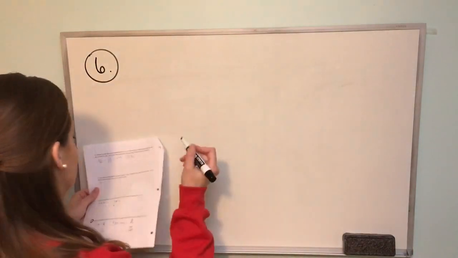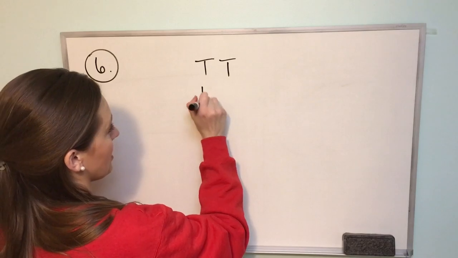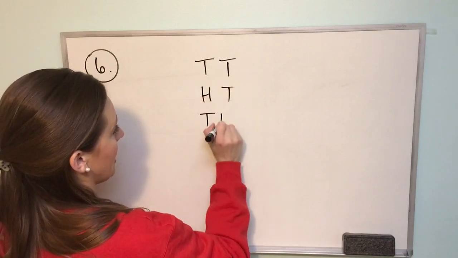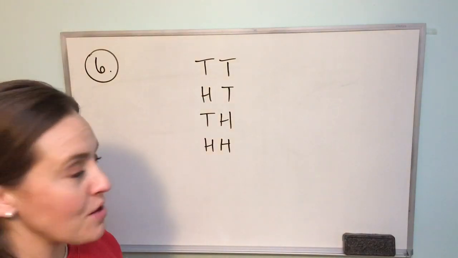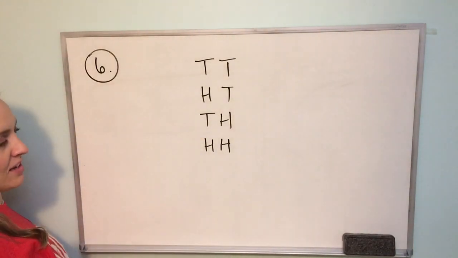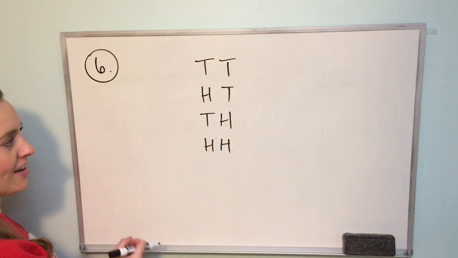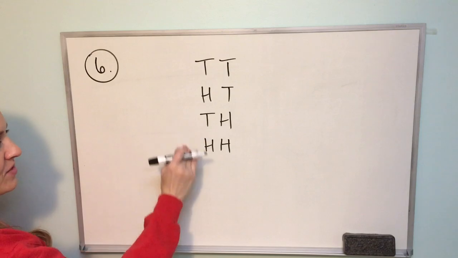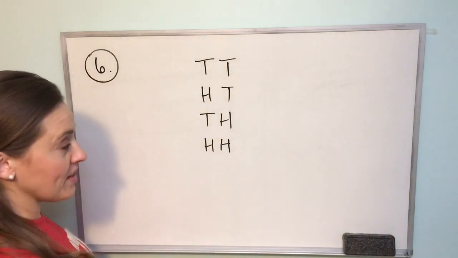I'll show you. 0 heads 23 times, so that means tail tail. Then we could also get head tail, tail head, or we could get head head. In theory, what should each one of these be? What fraction of the time should we get each one of these situations? About a quarter, or 25%.